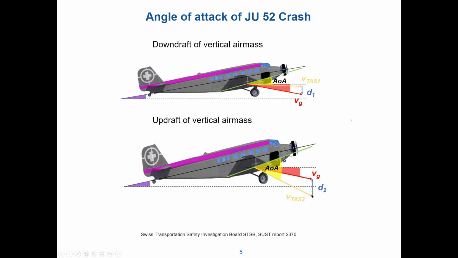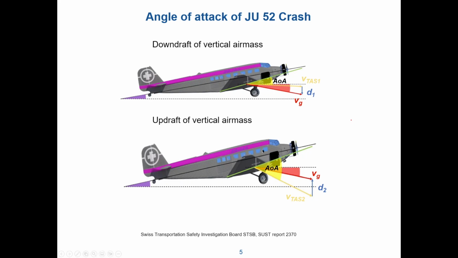Remember, ground speed equals wind plus true airspeed. Now you see what is critical and important is the angle of attack here, the yellow one, is much larger. And this is what caused the stall of the aircraft here.